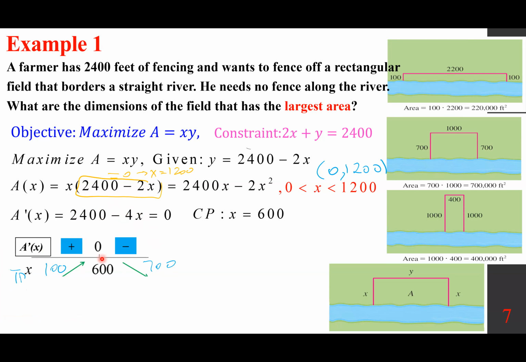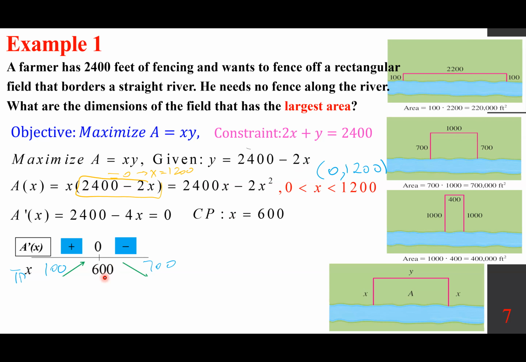Positive means increasing, negative means decreasing. So up and down makes 600 the location of a local max. Why is this absolute? Because this is an open interval, and this is the only critical point.